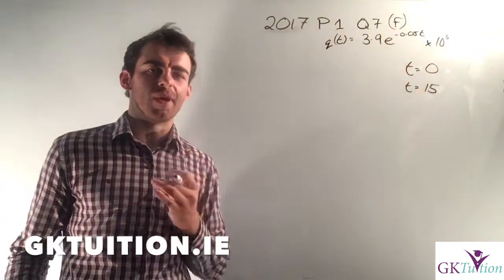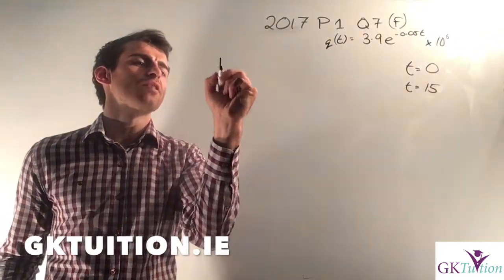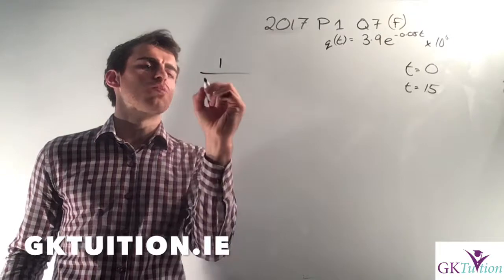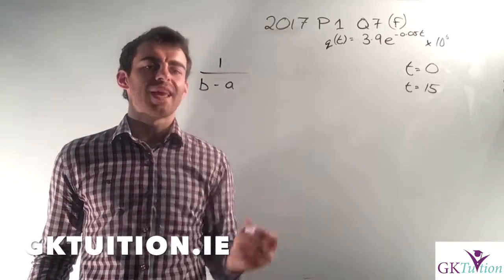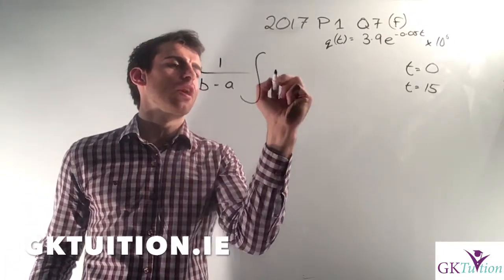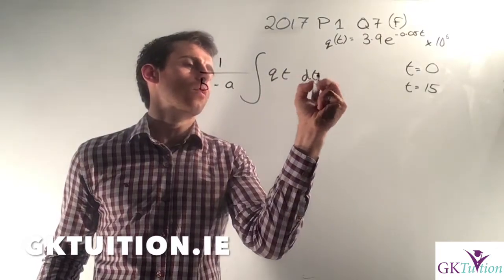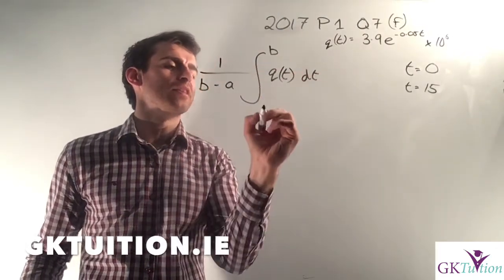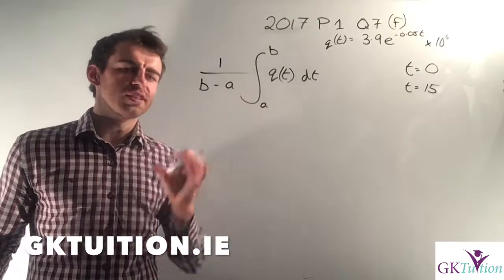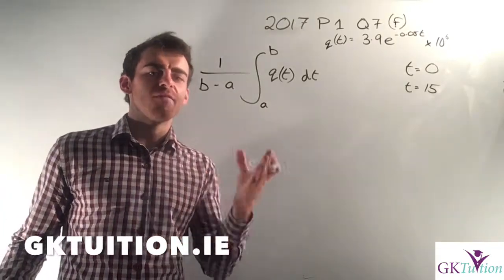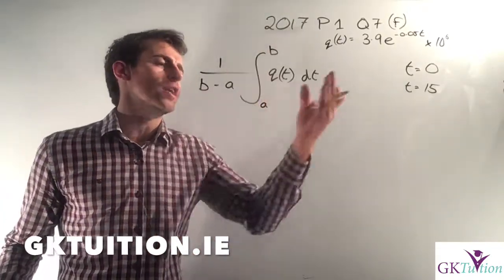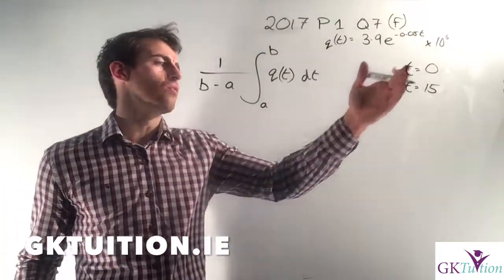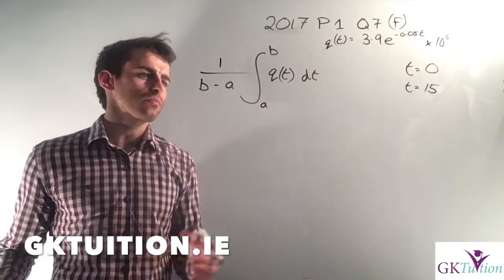So I want to sub into my average value formula. My average value formula from integration is 1 over b minus a times the integral of the function. Okay, where b and a are the limits that you're going to use. So this formula allows me to find the average of a function across a range of different values. In this case, a range of different t values.